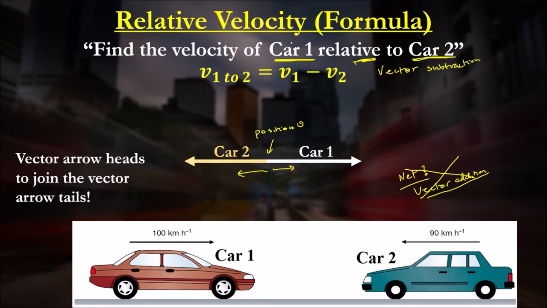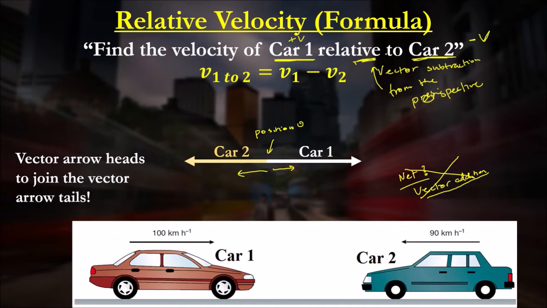So object 1 is going to be the positive vector in this vector subtraction, and the object relative to, or from the perspective of, so relative is also from the perspective, that will be your negative vector.